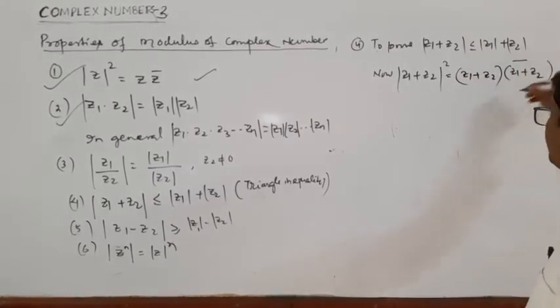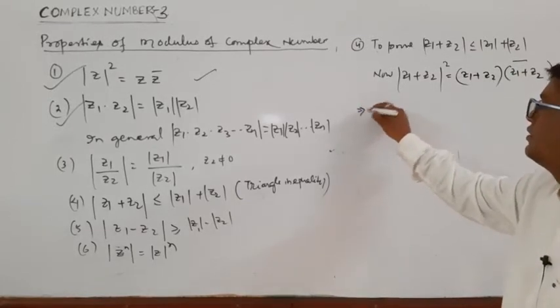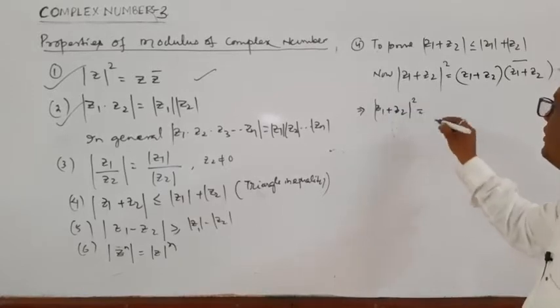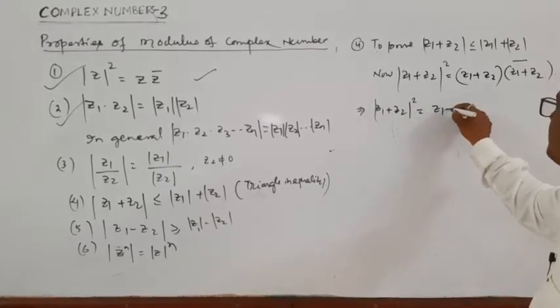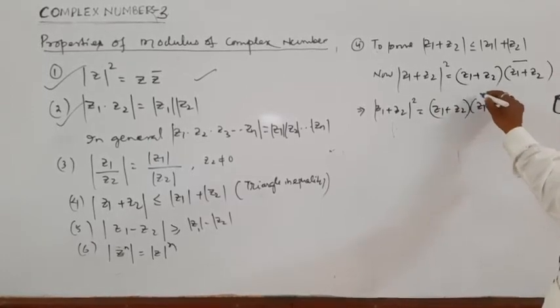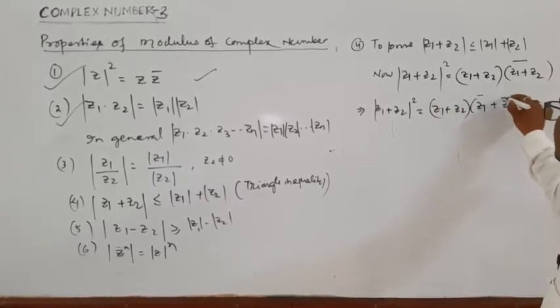So that implies mod z1 plus z2 square is equal to z1 plus z2 into z1 conjugate plus z2 conjugate.